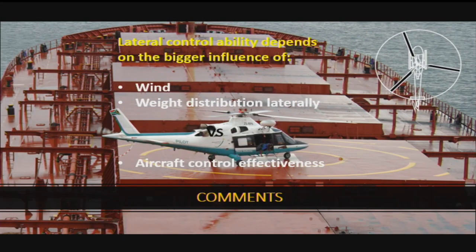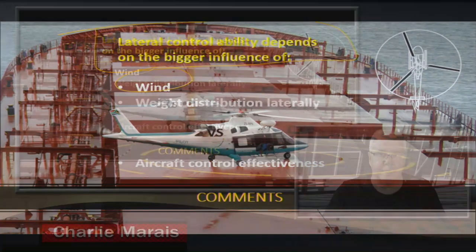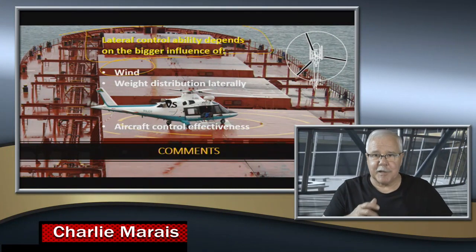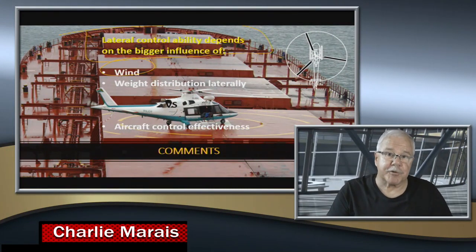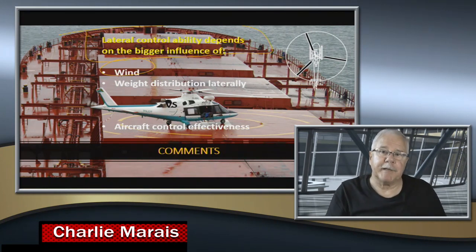All right, so lateral controllability depends on three factors. The first one is the wind. Wind is a huge factor. It doesn't go about whether the helicopter is physically strong enough, but remember that the cyclic must move into the wind.